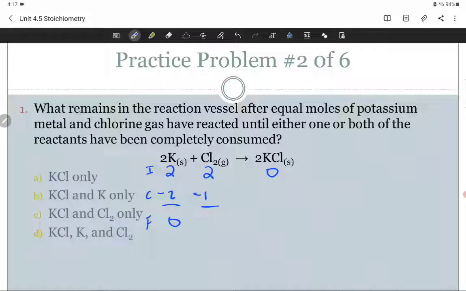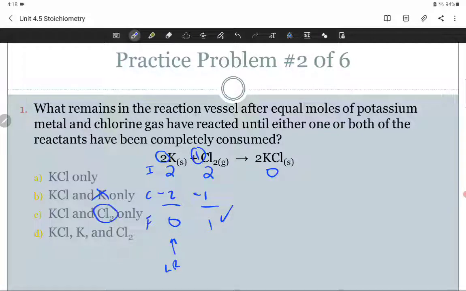And why is it a 2? 1 for the K for a change and a 1 for the Cl, because it's a 2 to 1 ratio. So limiting reactant for the K, we don't have any K left over. So it can't be that answer. Do we have any Cl2 left over? Yes, we do.